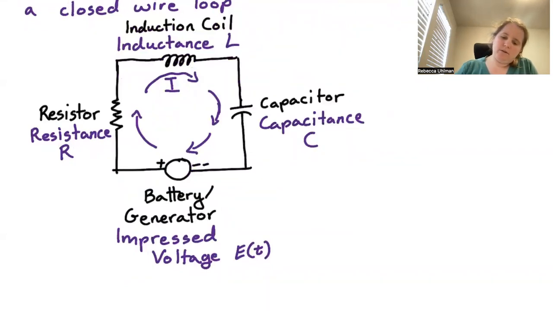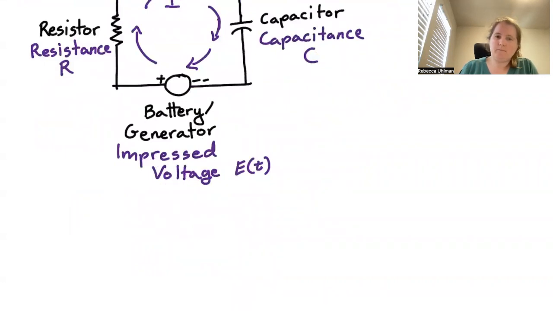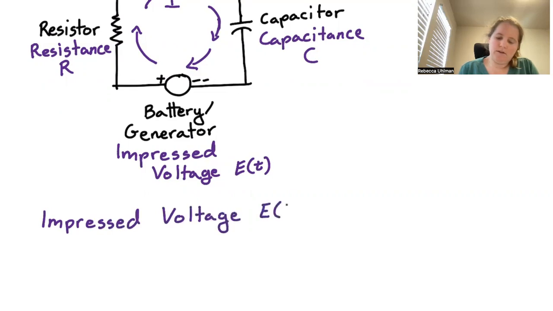So I'm just going to summarize what we have seen so far. Our impressed voltage, E of t, is measured in volts. That's what is provided by the battery.